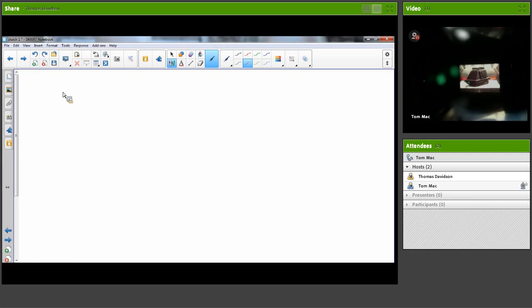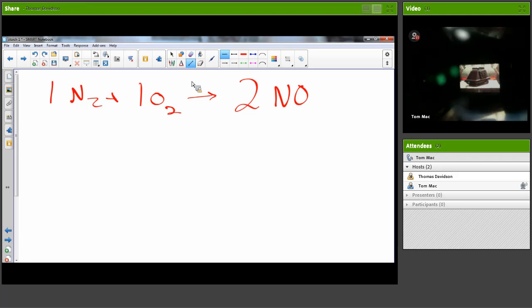So this one's not hard. We got N2 plus O2 goes to nitrogen monoxide. I guess I should read it. We already did this one, like chemically. So there's a big fat 2 right there, a 1, and a 1. Do you want me to do it the long way or the short way? Long. Short. I'll do it both. Hold on. Oh, I skipped 52, didn't I? Oh, well.